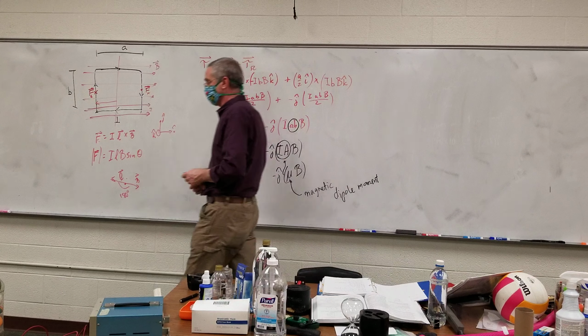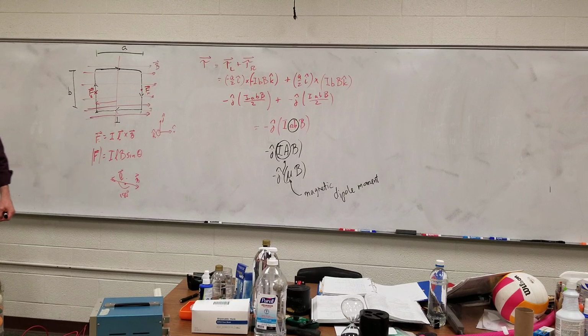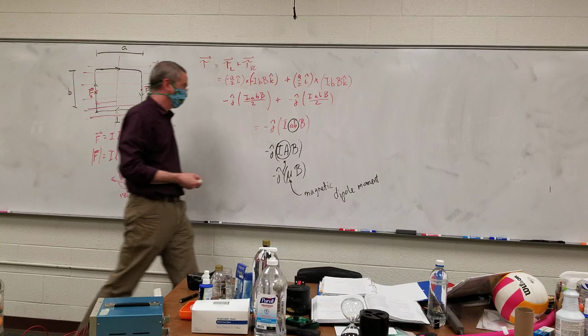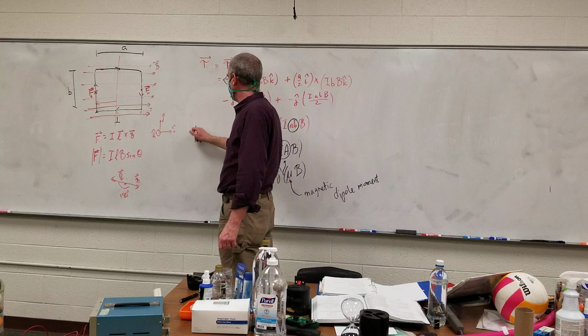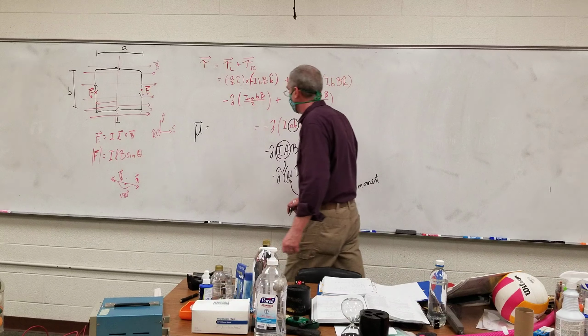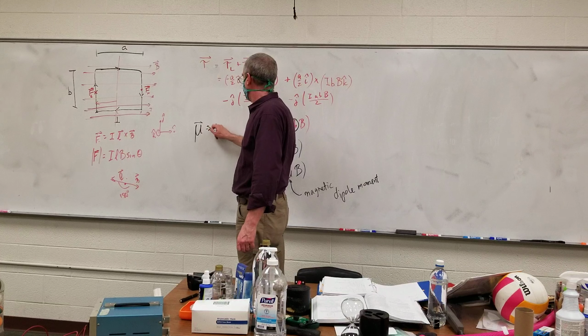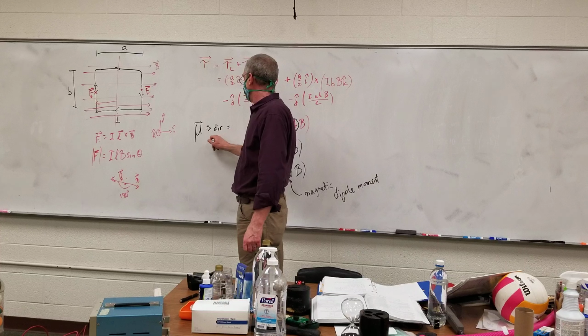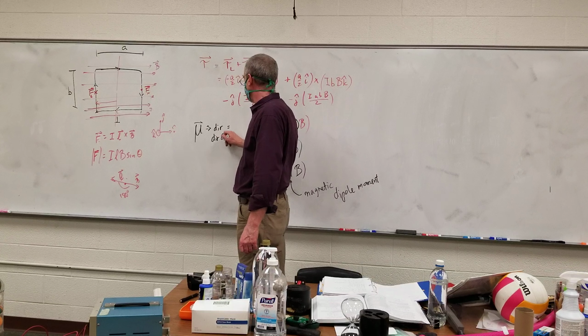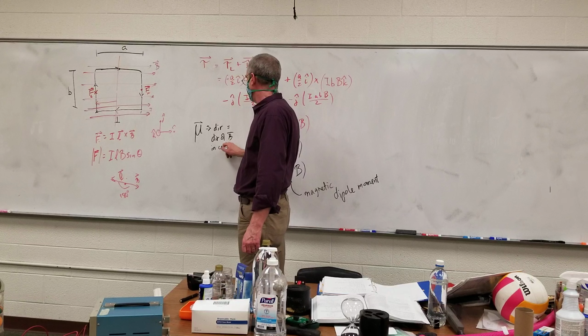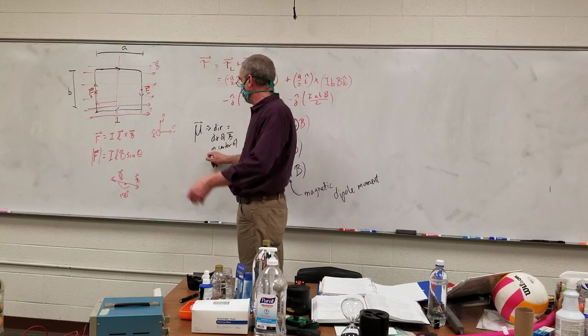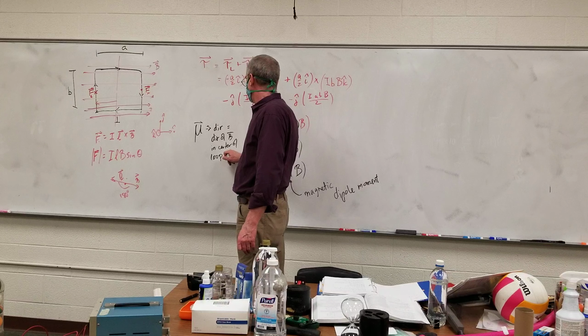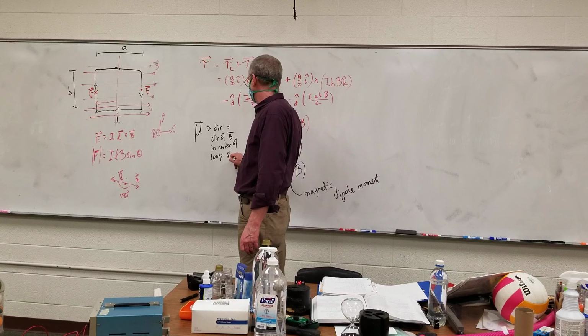If this vector is pointed in the direction of the magnetic field in the center, which would be into the board, define mu with the vector symbol, magnetic dipole moment, direction equals direction of magnetic field in center of loop from the current in the loop.